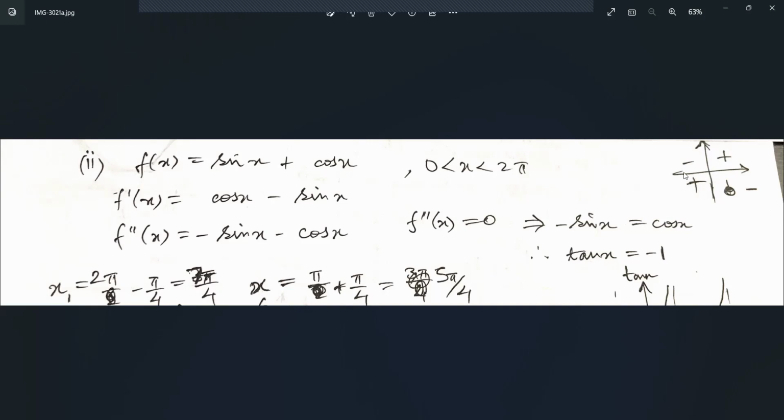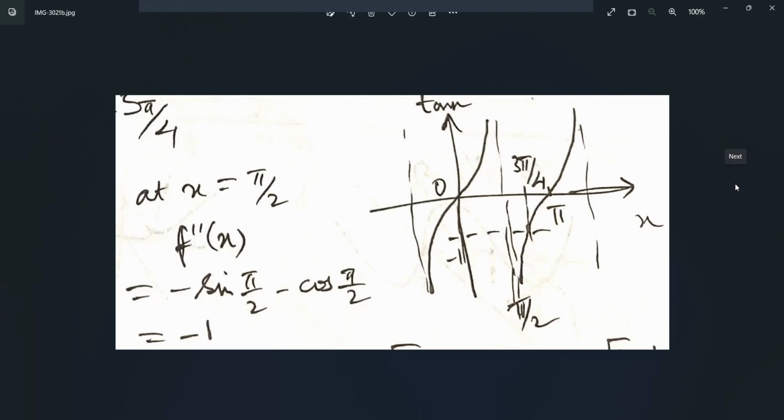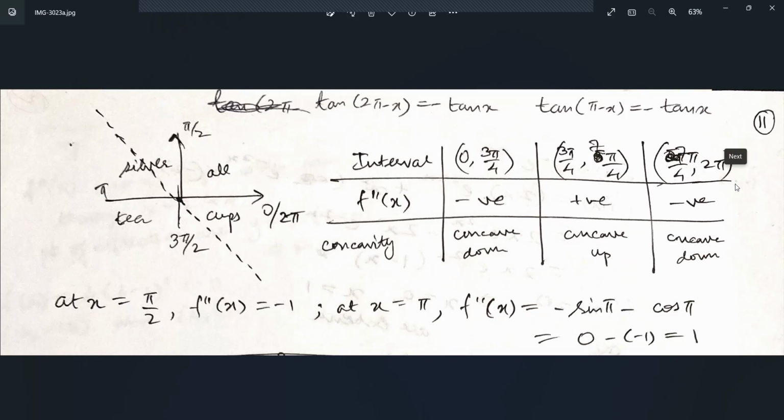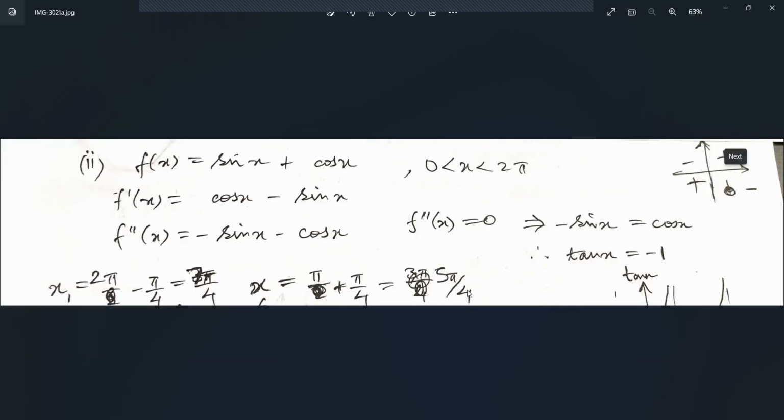So we use 2 pi minus pi by 4, that gives us one value here. Two pi minus pi by 4 is 7 pi by 4.